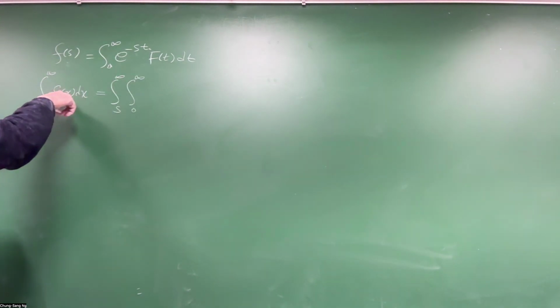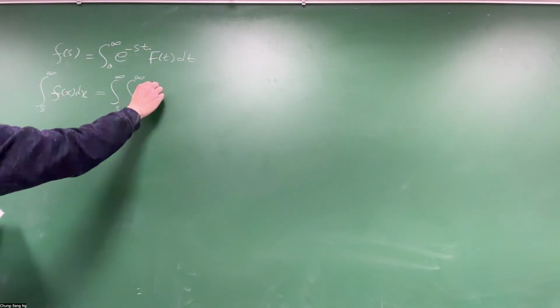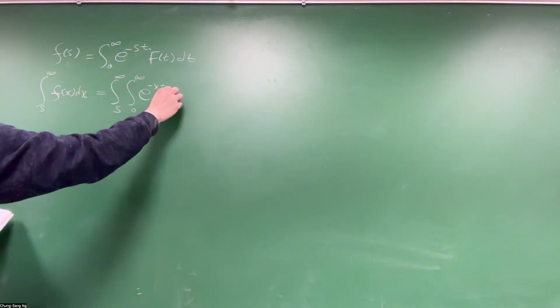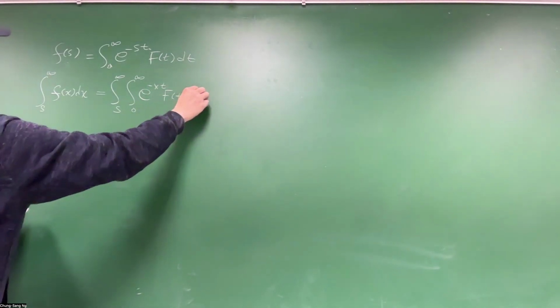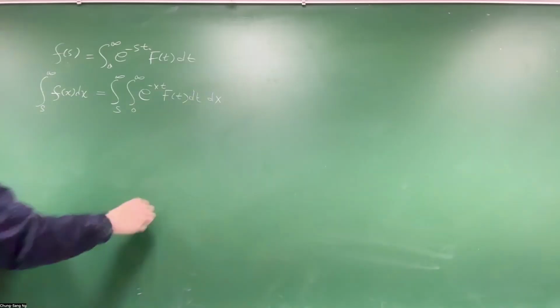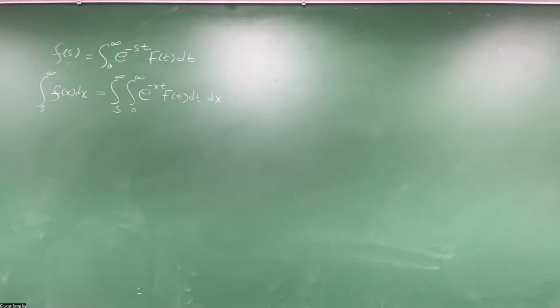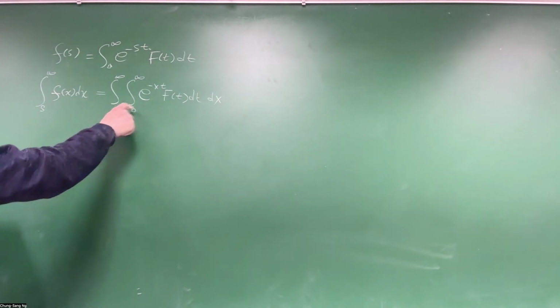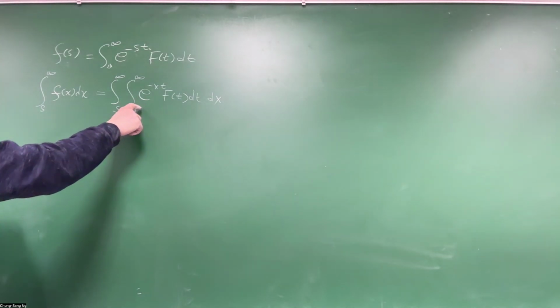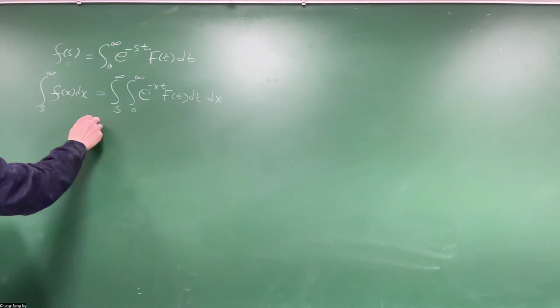The variable changes to x, so it's the integral of e to the minus xt, f of t, dt and dx. Now you do the x integration first because the other is more complicated.